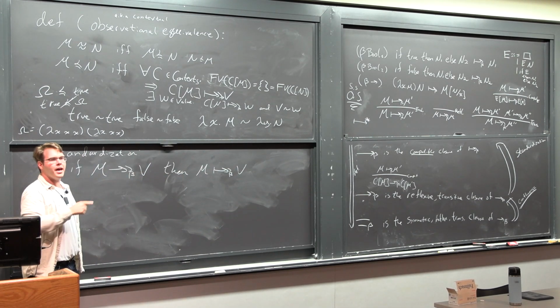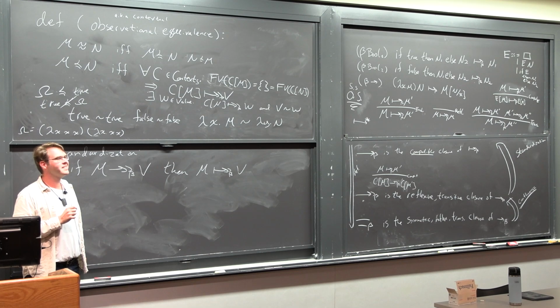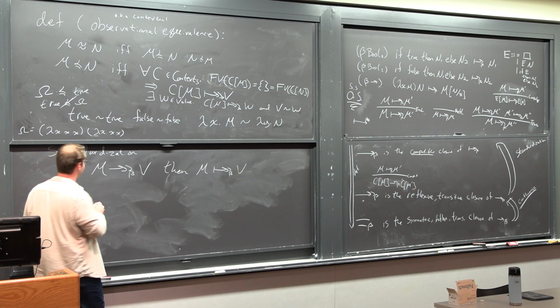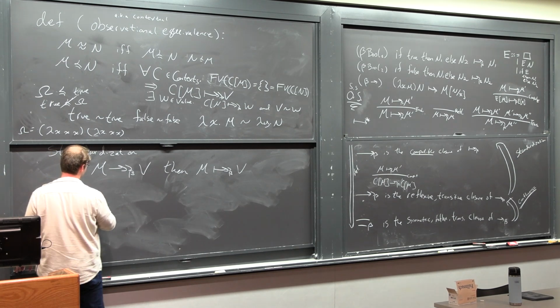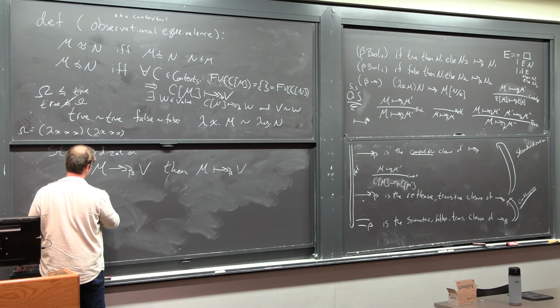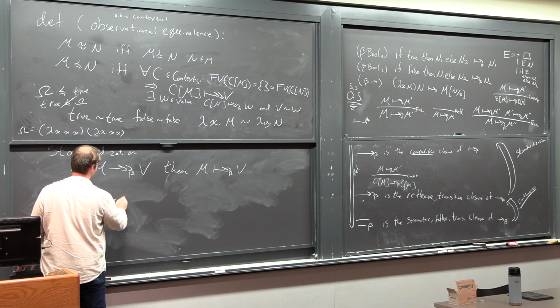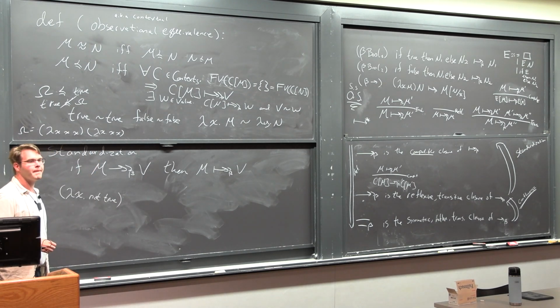So that's intuitively what the theorem should say. It's not true. Why is it not true? So, well, what if I have lambda x, something like not true? It's a good one. It's not true.